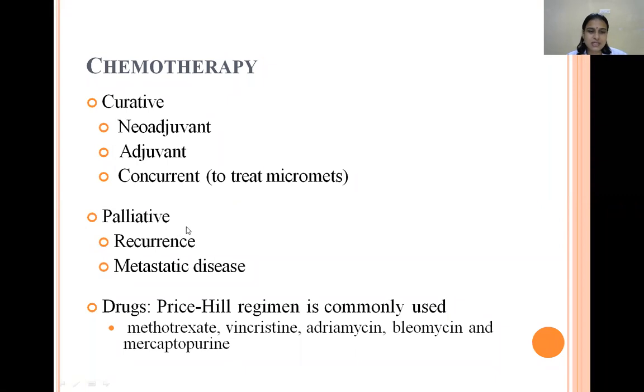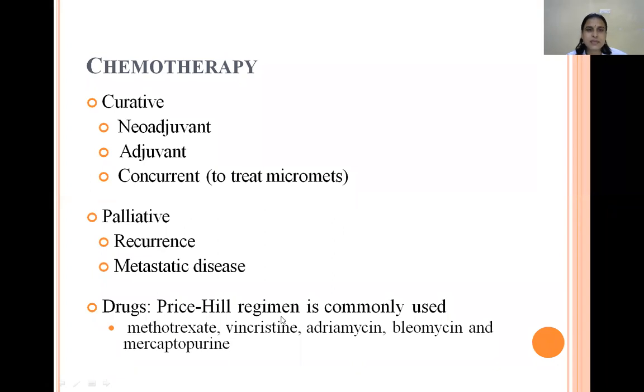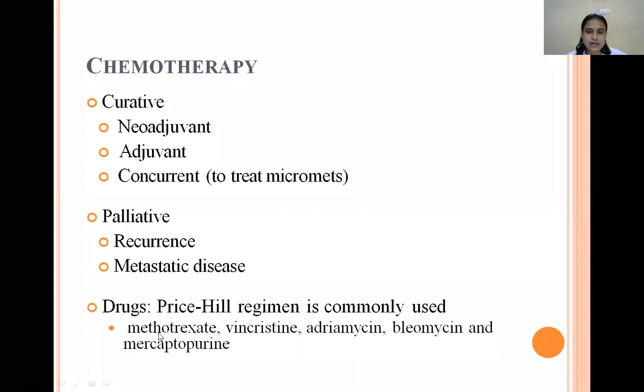In case of palliation, it is just to prevent the damaging effects of distant metastasis and also prevent recurrence. Just have to mention the Price-Hill region that is used for chemotherapy, nodal cavity. The most common drugs that are used are methotrexate, vincristine, adriamycin, and bleomycin.